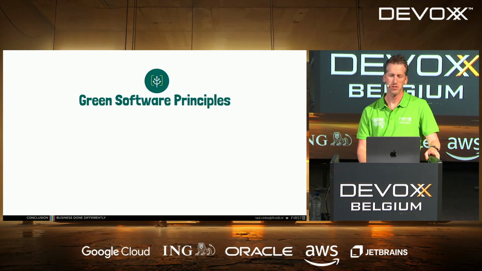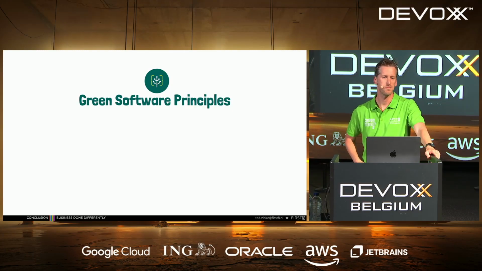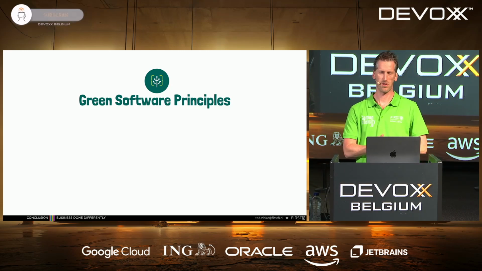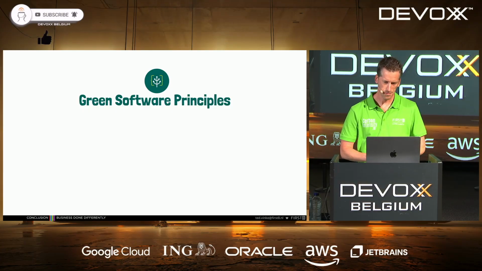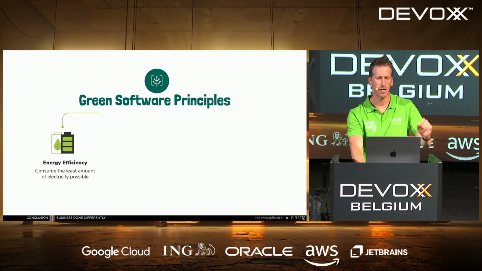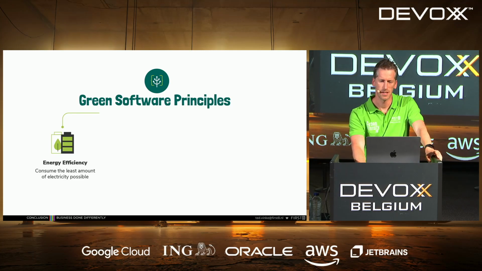So let's talk about some green software principles first. Green software is carbon efficient software. According to the Green Software Foundation, there are only 3 approaches. Energy efficiency, use the least amount of energy possible.